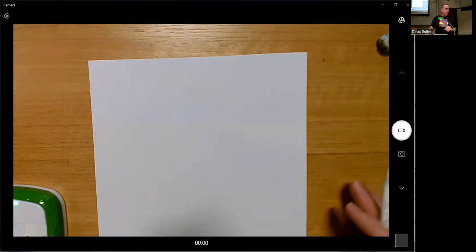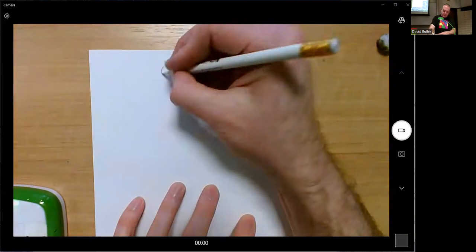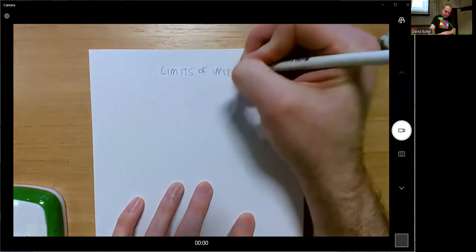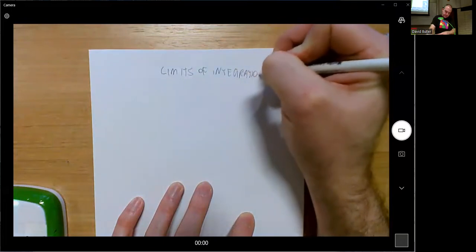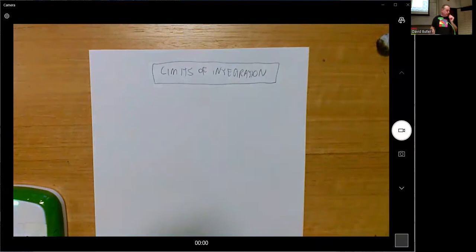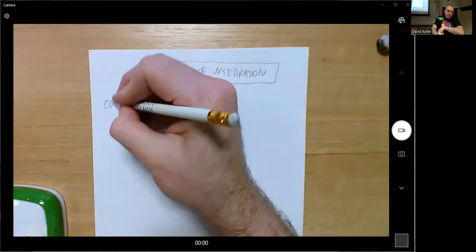Okay, let's talk about limits of integration, possibly other integration stuff if you want. I just have an example from probably the notes that I wanted to talk through. It's just easier to do this with examples.